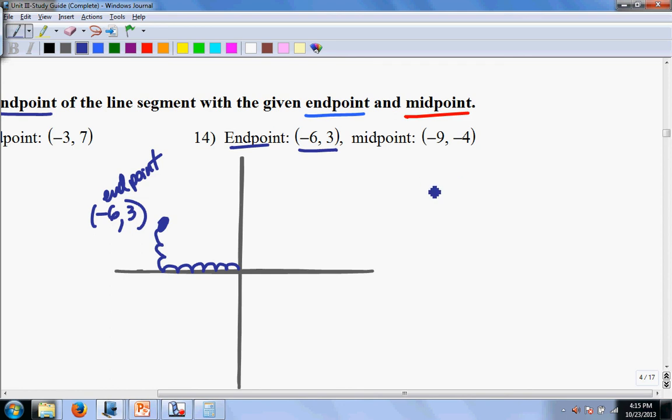Our midpoint is at (-9, -4), so -9: 1, 2, 3, 4, 5, 6, 7, 8, 9, and -4: 1, 2, 3, 4. There's our midpoint.